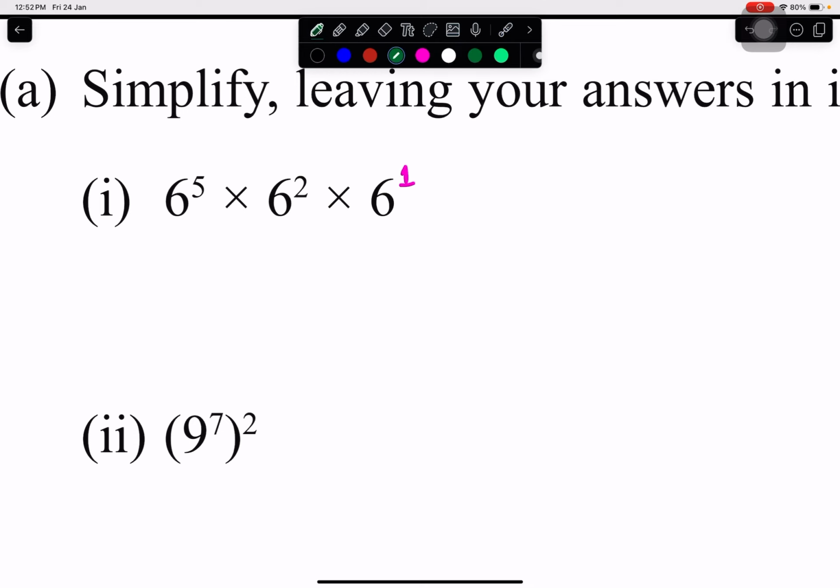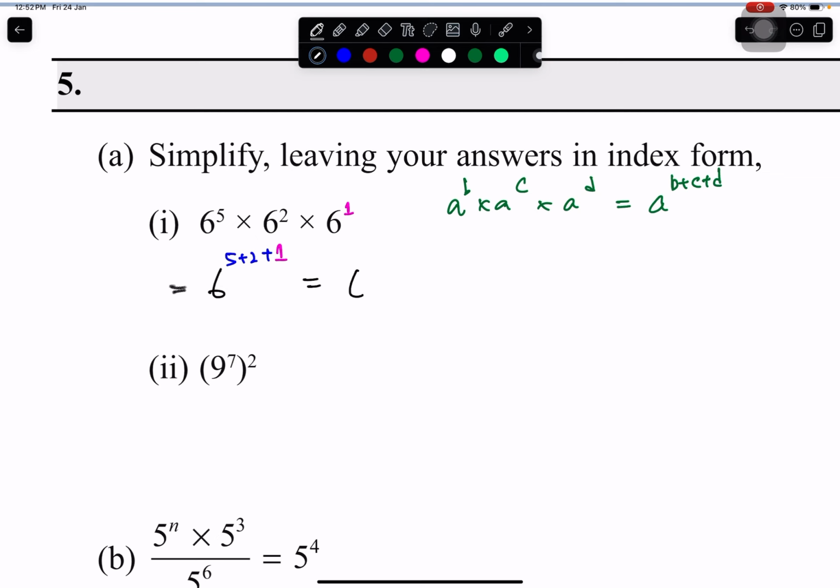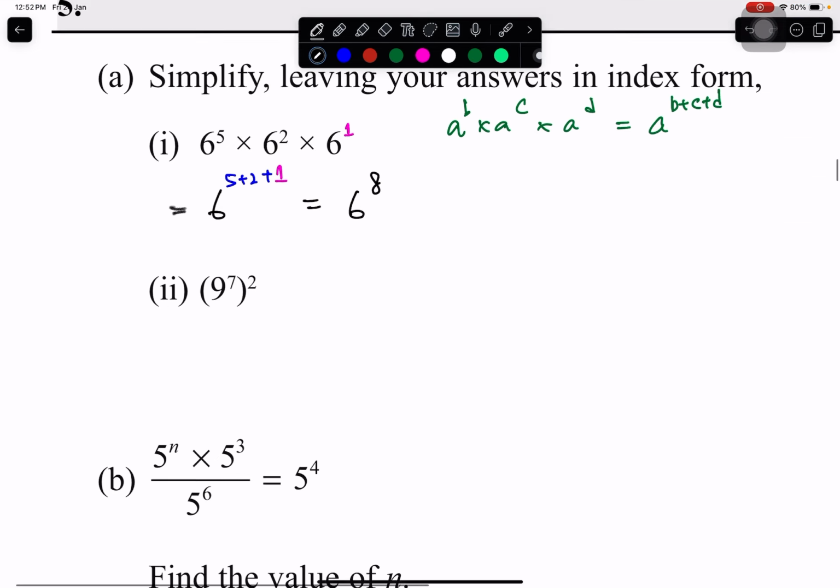You can use the formula that we gave you, a to the power of b times a to the power of c times a to the power of d, which is all added on the top, b plus c plus d. So this time you will have 6 to the power of 5 plus 2 plus, don't forget the 1, okay? Don't forget that it's not a 0. So it will be 6 to the power of 8.